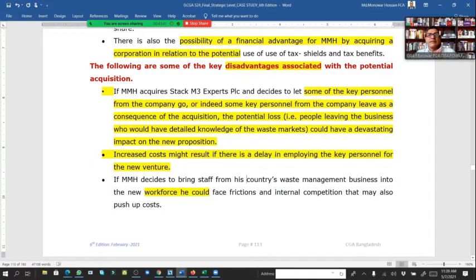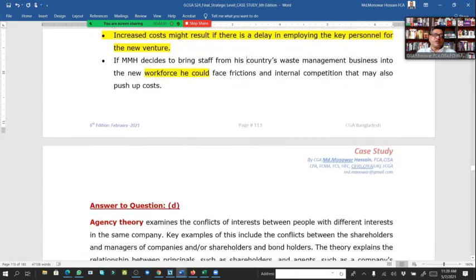So key personnel within the company that is being acquired can leave the job. Also, they can terminate it. That is the disadvantage associated with this takeover.